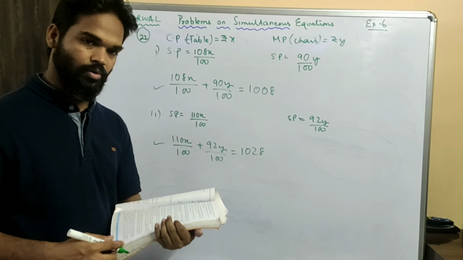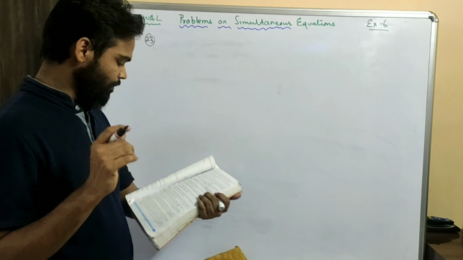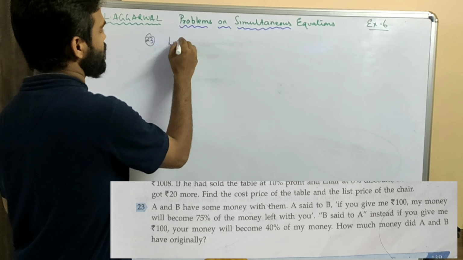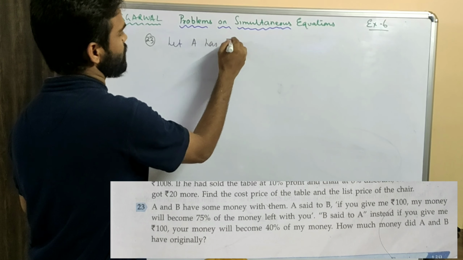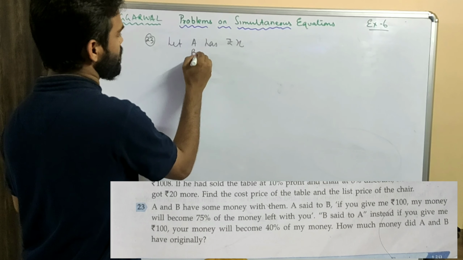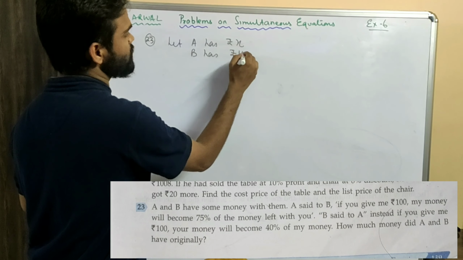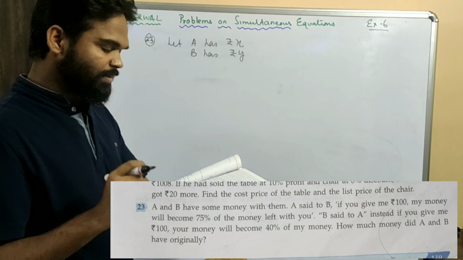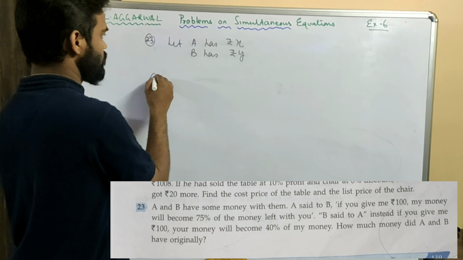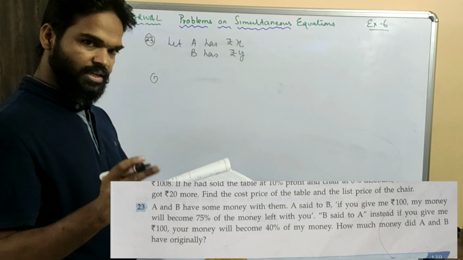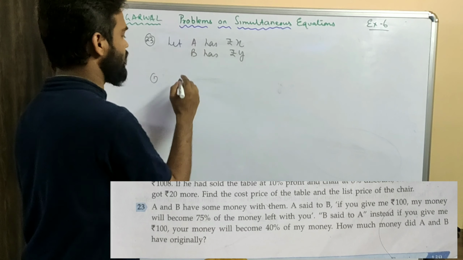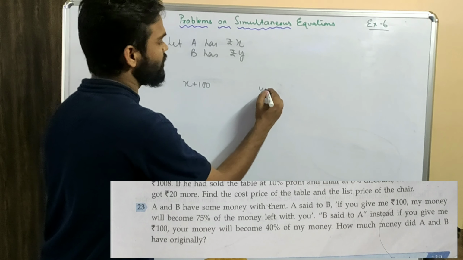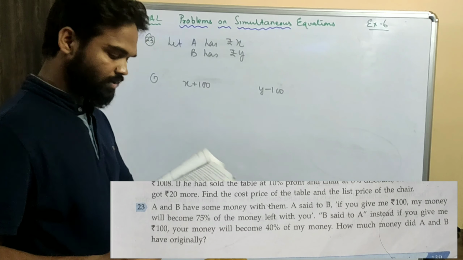Clear? Now we look at the next sum. Now look at sum number 23, which says A and B have some money with them. Let A have rupees X, let B have rupees Y. Now A said to B, if you give me rupees 100, so A will have X plus 100 and B will have Y minus 100.